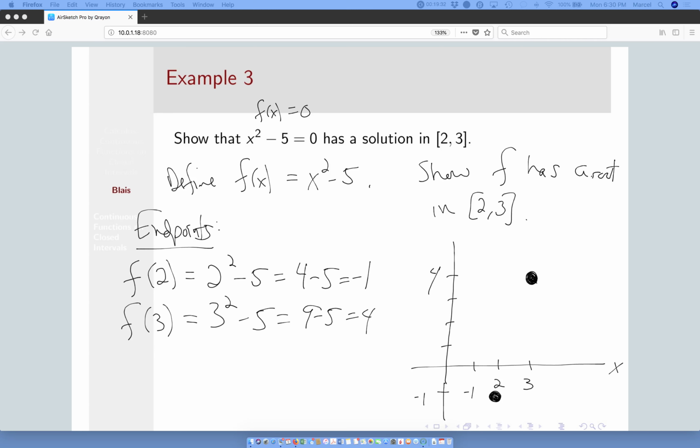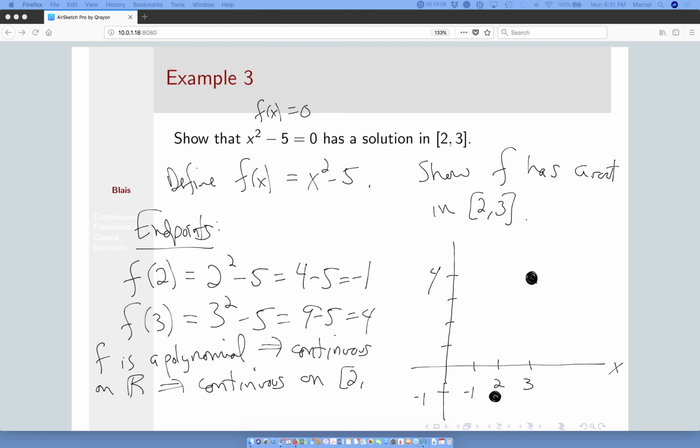Now, this function is a polynomial. Which means it's continuous. In general, continuous for all the real numbers, and thus continuous on our closed interval 2, 3.